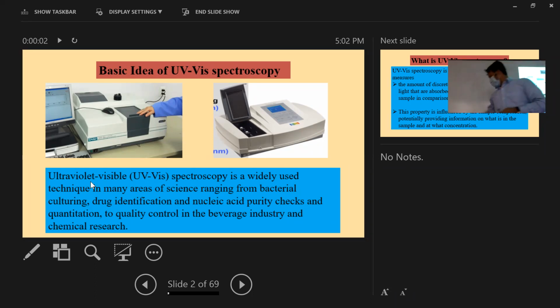The energy of the wavelength or light equals 1239.85 divided by lambda.